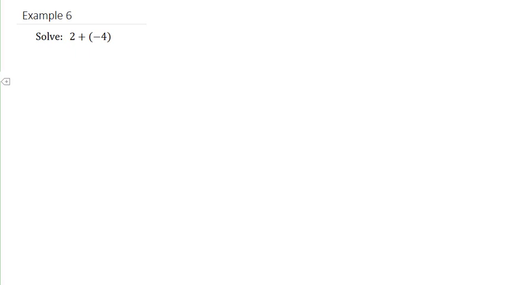Example 6. Solve for the following: 2 plus negative 4. What we're really doing here is getting rid of that plus sign and just going 2 minus 4, because it's the same thing. Because there's one positive and one negative sign, we'll take the negative sign. So now we're going minus 4.